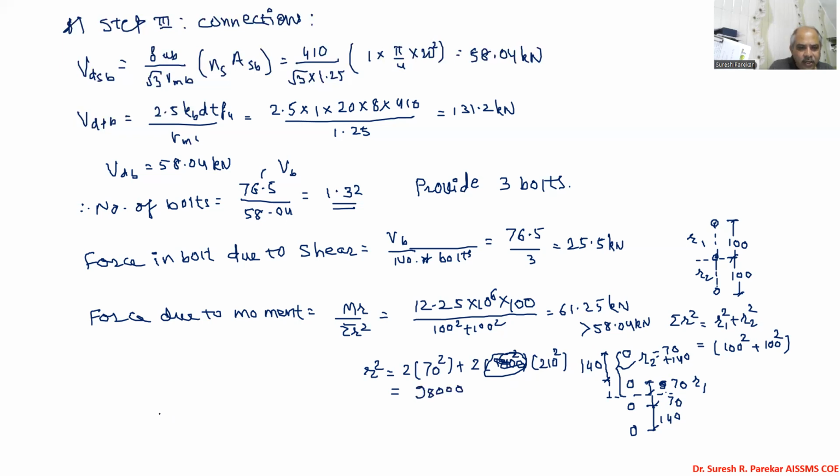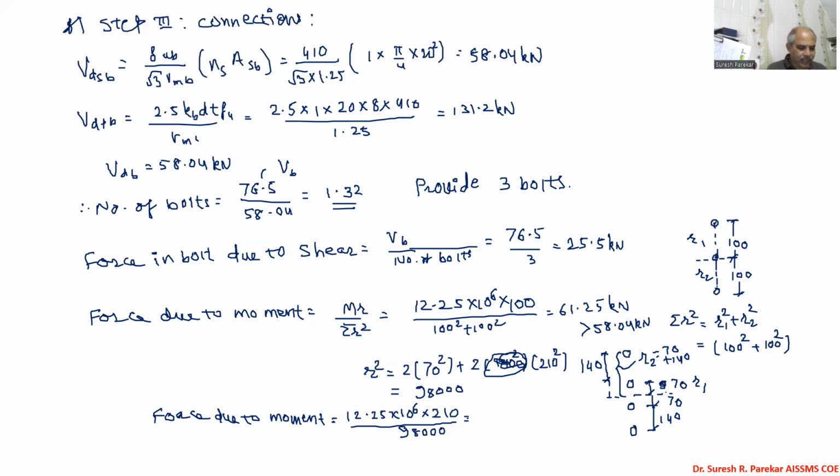Then force due to moment is equal to 12.25 into 10 raised to 6. The farthest distance we have is 210, divided by 98,000.